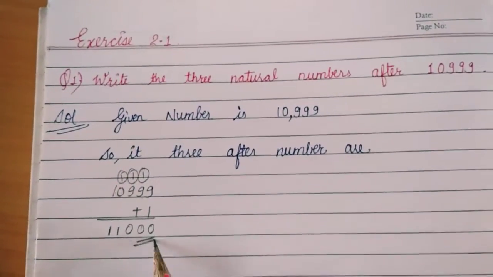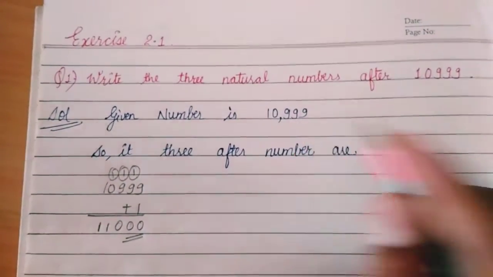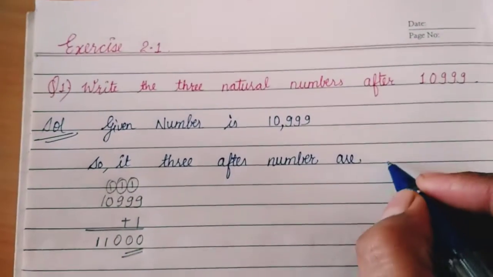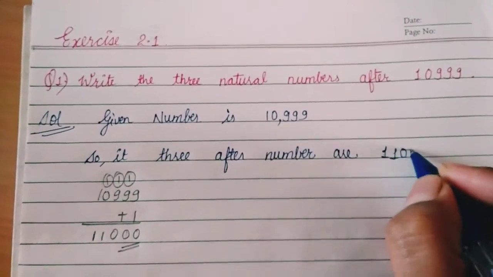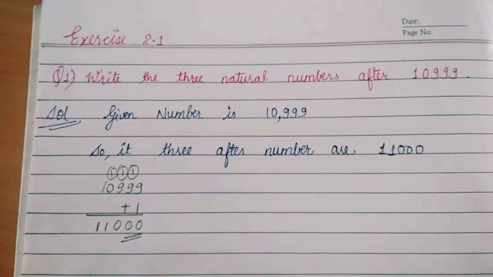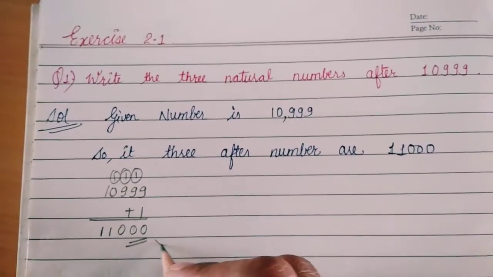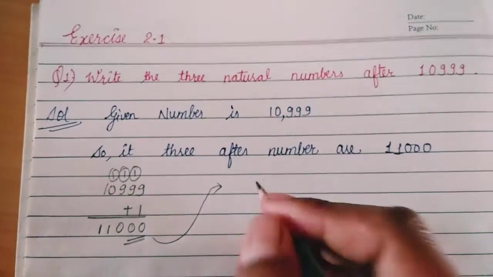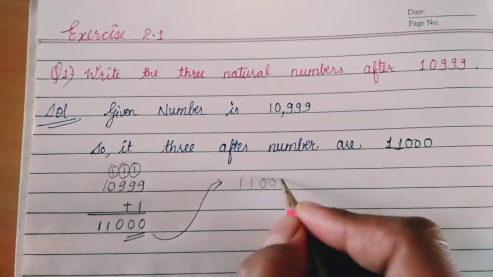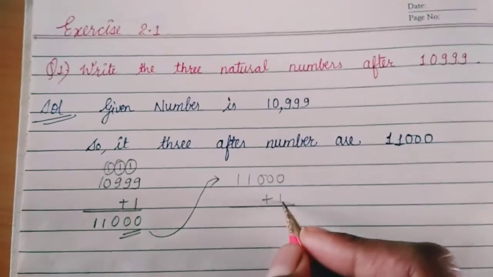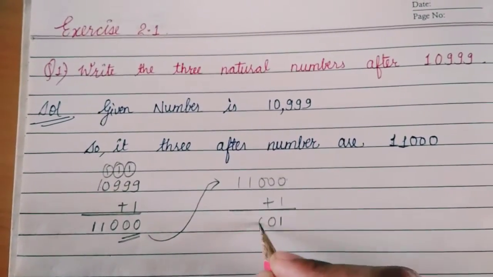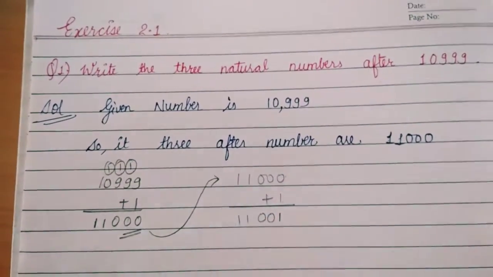So the first after number of 10,999 is 11,000. After 11,000 we have 11,000 plus 1: 1 plus 0 is 1, the double 0 stays as it is, and the double 1 is here.